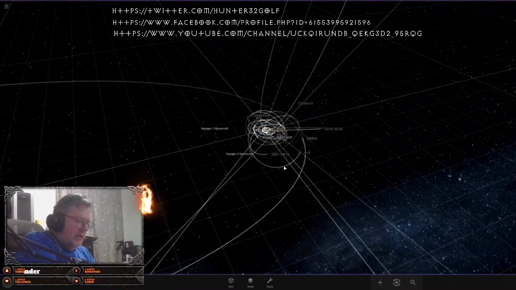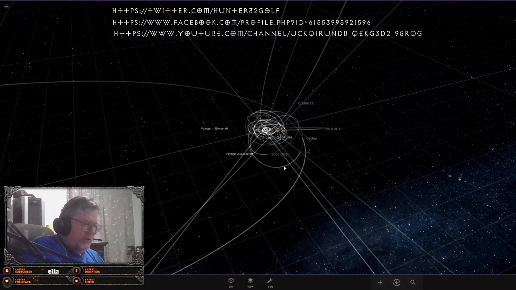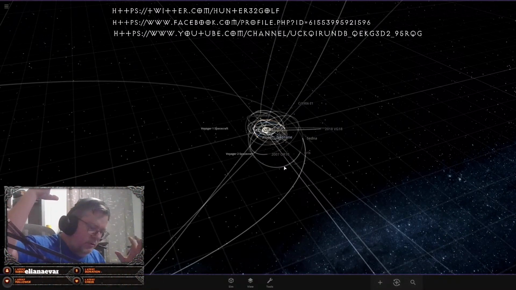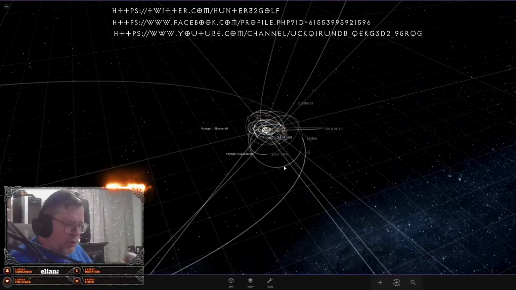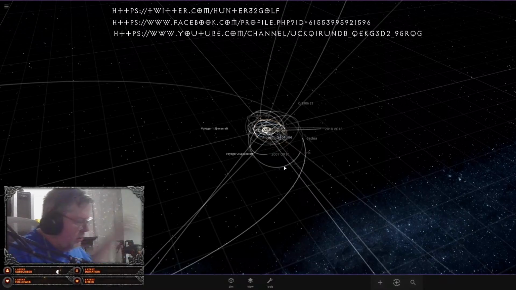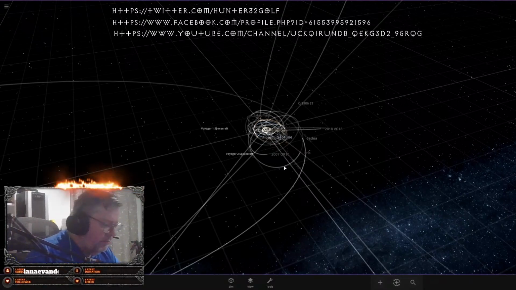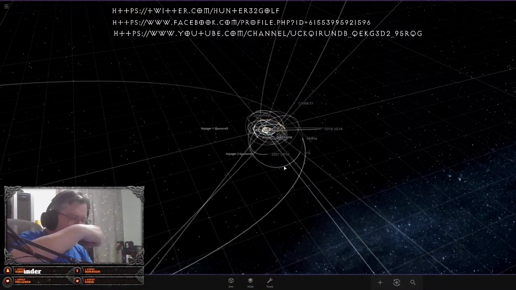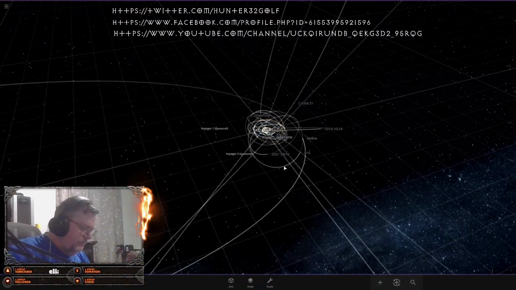Now, some of these orbits become very extreme, and so they're no longer apparently circular. Comets are a really good example of this. And there's two types of comets. There's long period comets and short period comets. And the only difference is the time it takes that comet to make an orbit around the sun.